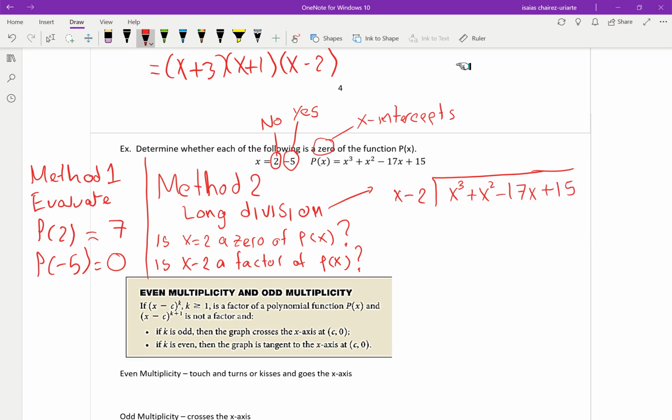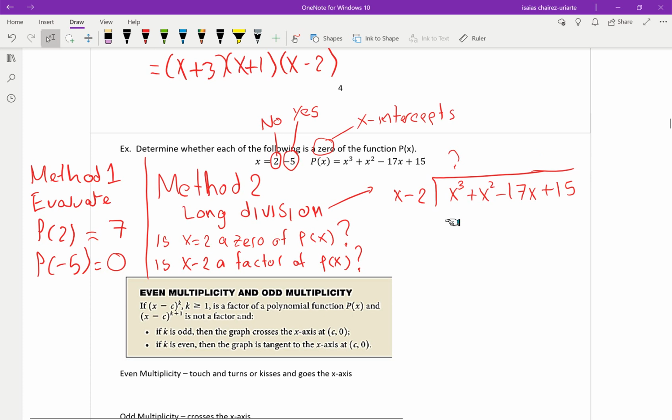Okay, so let me show you how this long division works. Perhaps you already know how to go about this long division. The thing that goes up here is called the quotient. So we're going to start forming the quotient. You have to think, something times x should give me x cubed.